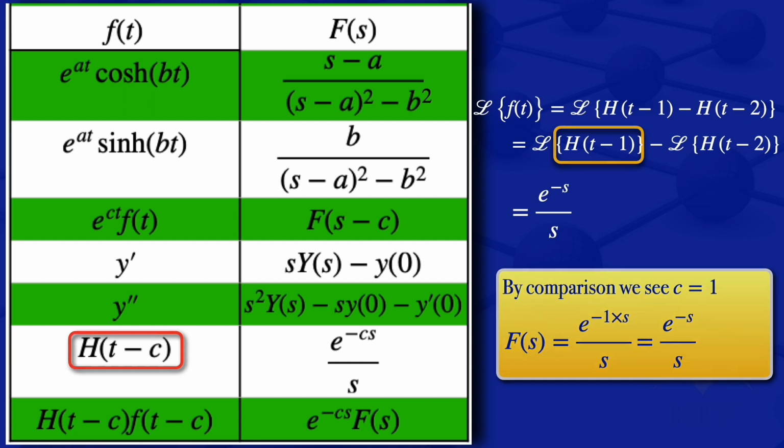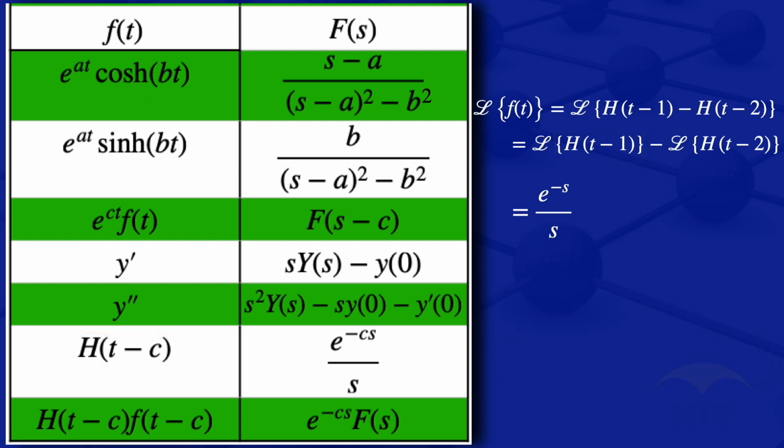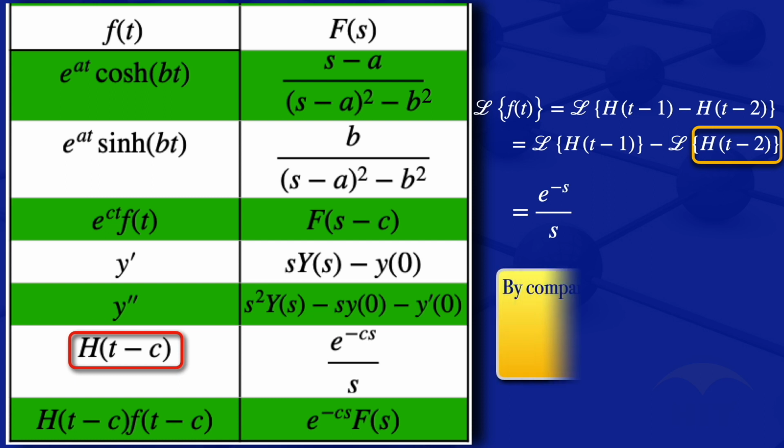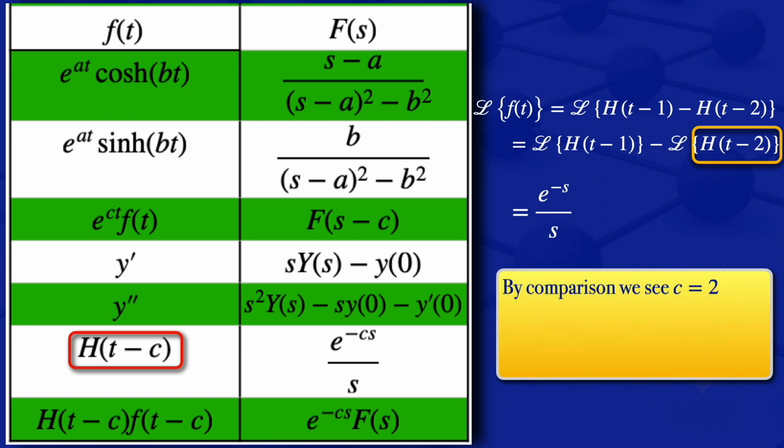We now go on to the next part, where we are looking at h(t minus 2). By comparison, we will be looking at h(t minus c) in the table. And by comparison of those two highlighted functions, we see that our c is equal to 2.